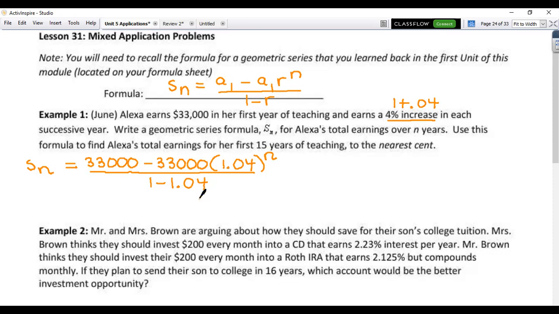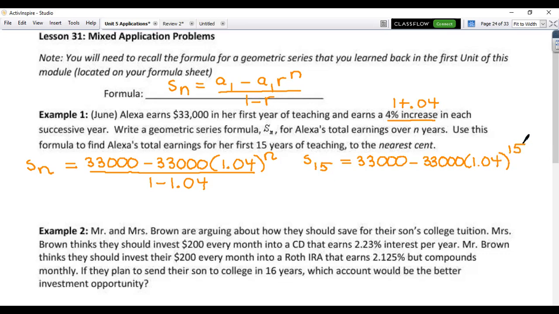Okay, that's actually your first part of your answer because it just says formula and just a basic formula. So next, use the formula to calculate the total earnings in the first 15 years of teaching to the nearest cent. So I'm going to do the sum of the first 15 years of her salary is equal to 33,000, then minus 33,000, and then parentheses, 1.04 raised to the 15th power.